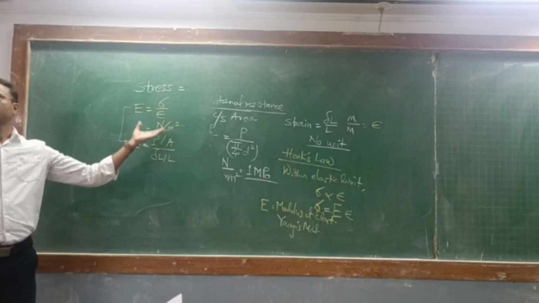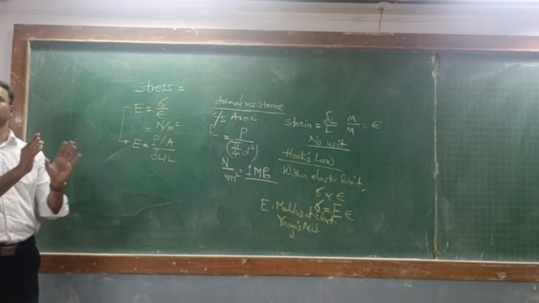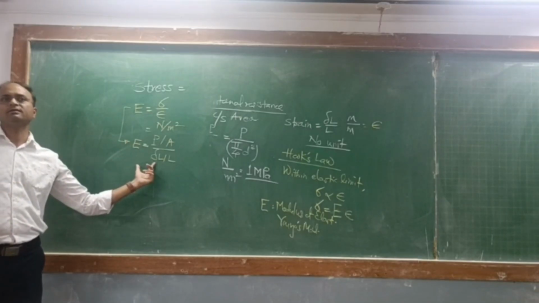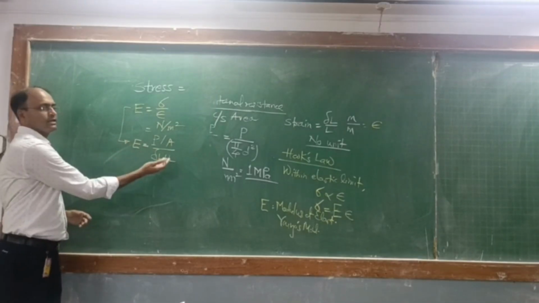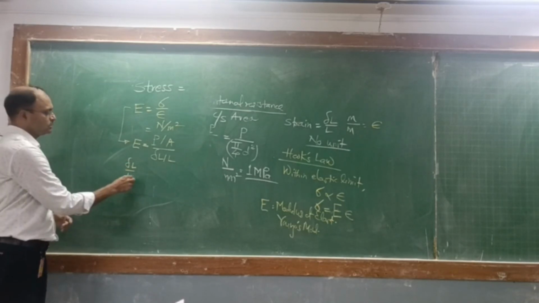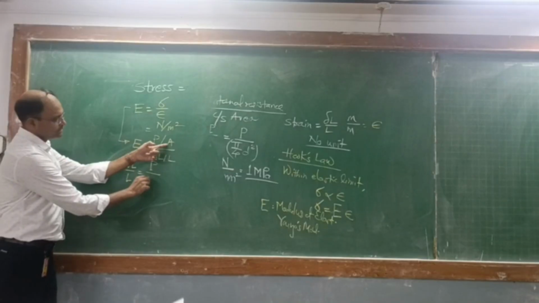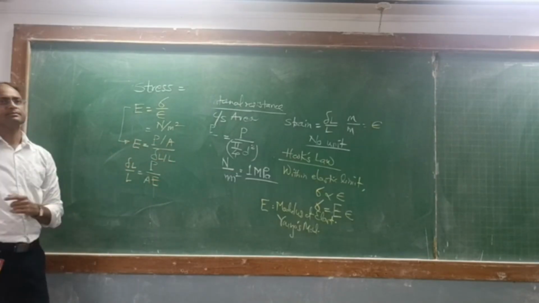I just put the equations of stress and strain. So I just want to derive the equation of delta L, change in length. So just take this delta L by L to LHS. So delta L by L is equal to, what will you get? P upon A E.